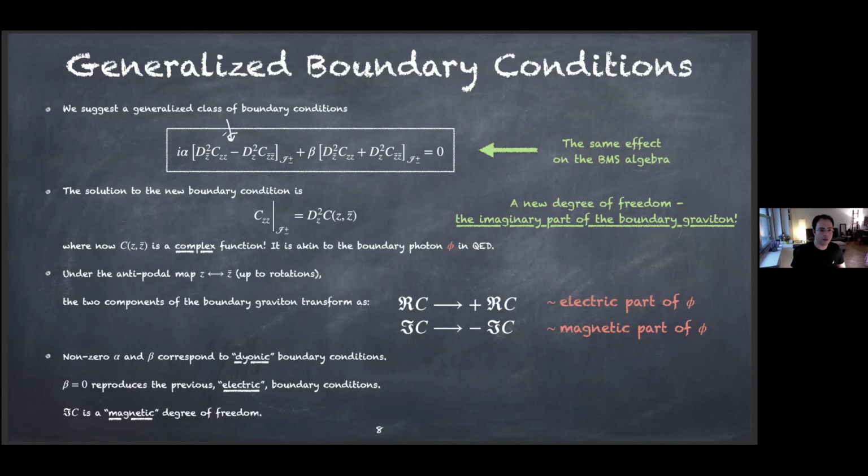But in addition, we now have another term that is, in a sense, the orthogonal combination. The difference here is the plus sign. And it comes with a different coefficient beta.